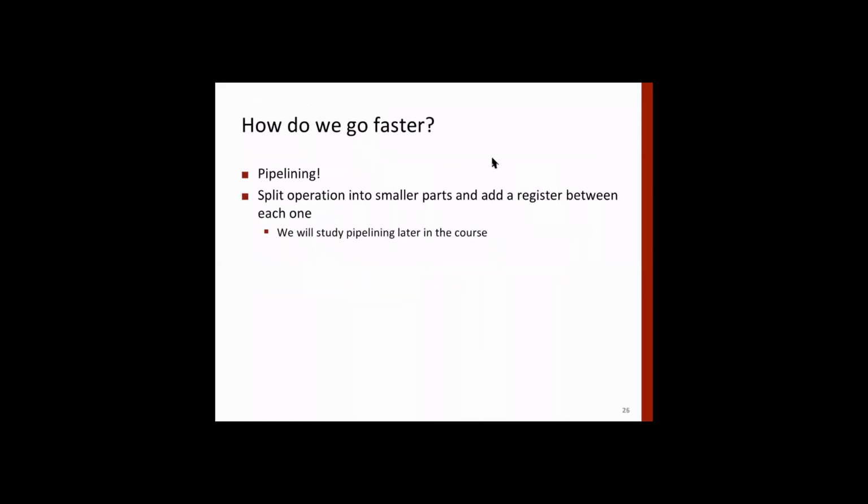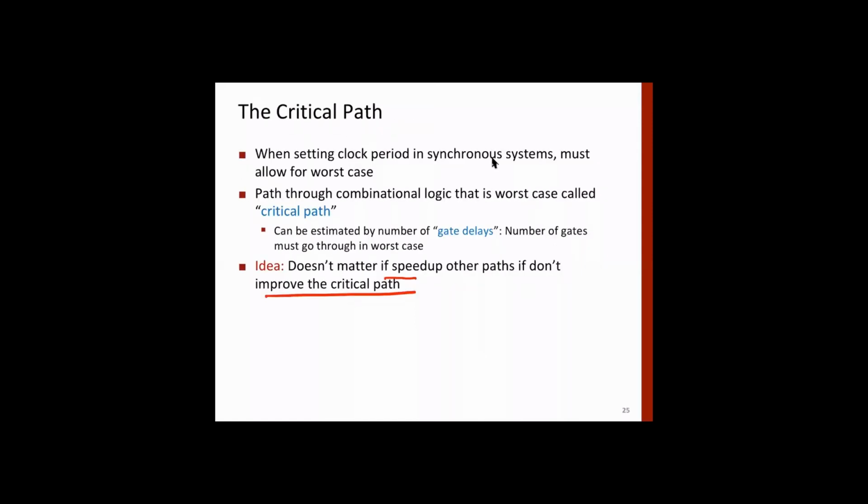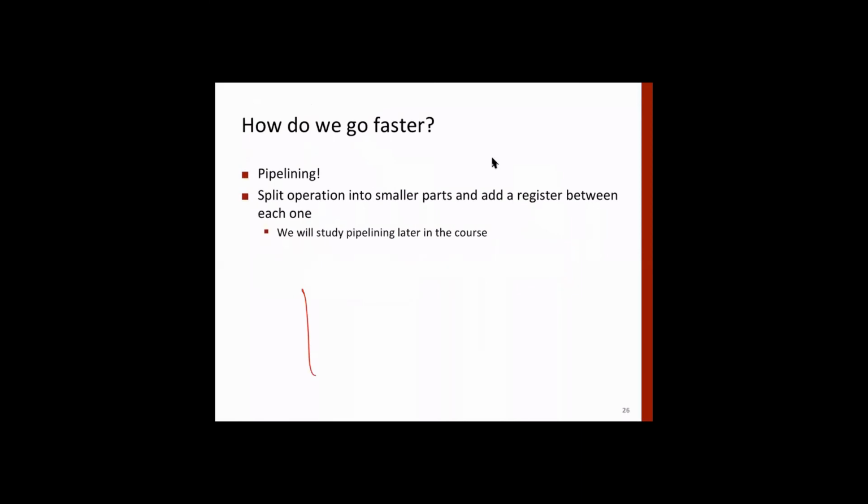So now the question is, we have this design. Let's assume there is a combination logic delay, and of course there is some critical path.